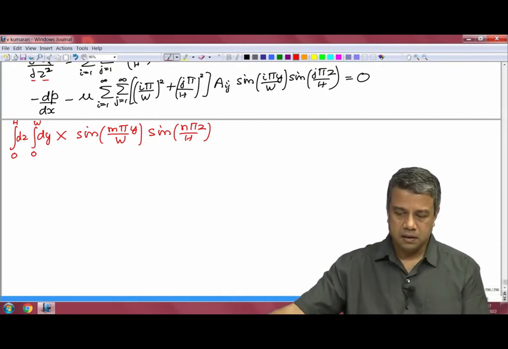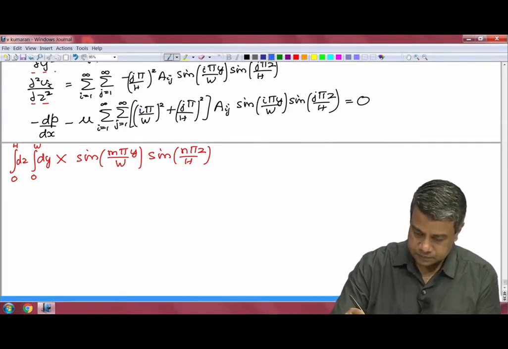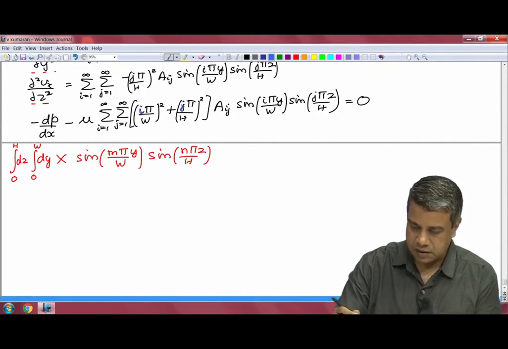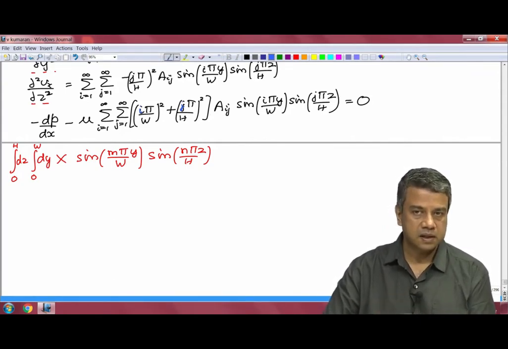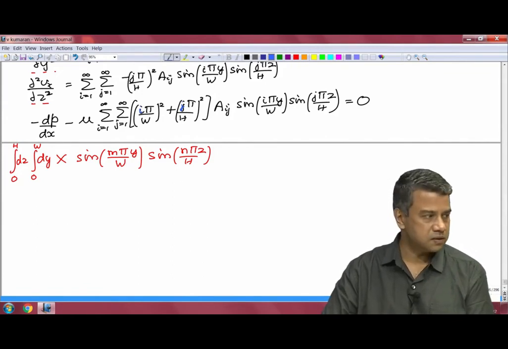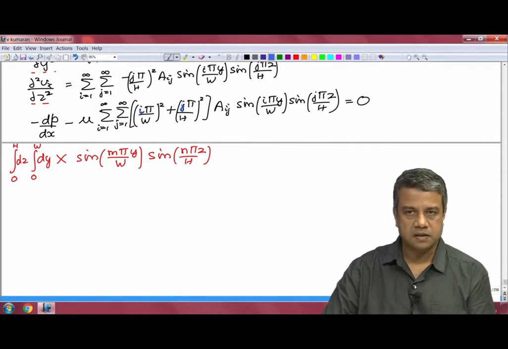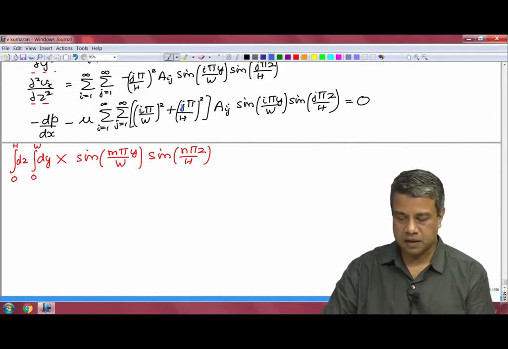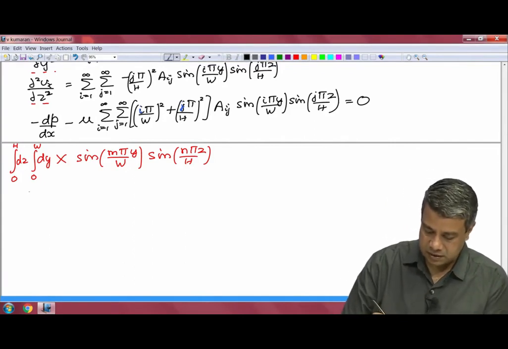Note that in these expressions, i and j are integers in order to satisfy the 0 velocity conditions at 0 and w in the y direction and 0 and h in the z direction. So, these two have to be integers. So, I multiplied by sine functions with some other indices m and n, and then use the orthogonality relation. We had just derived that.